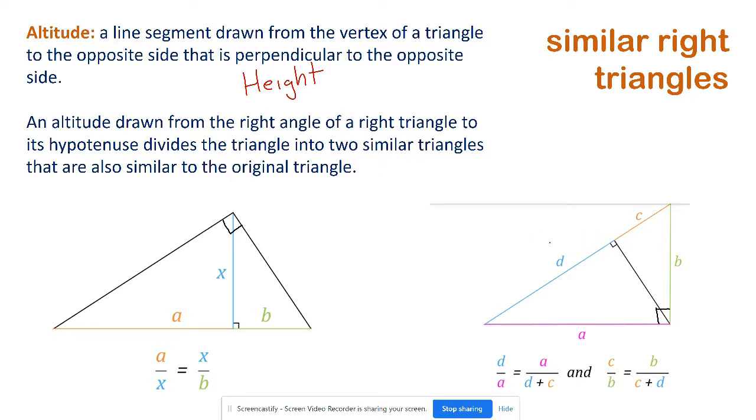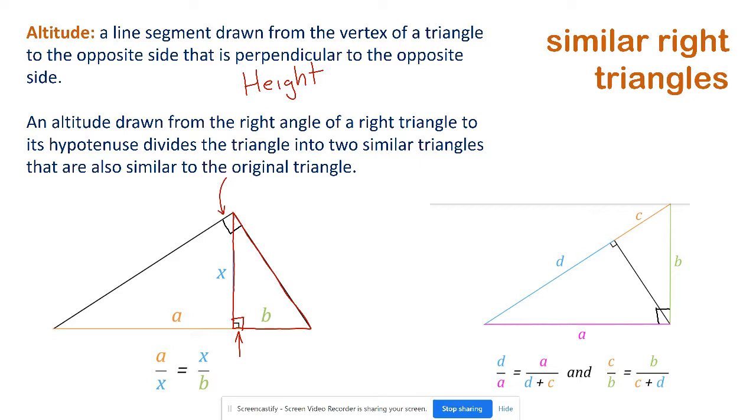So if you look at this triangle again on the left, this diagram here, you have this little triangle. And I want to take this little triangle and compare it to the big triangle that we started with, the whole thing. So this little triangle has a right angle right here. The big triangle that we started with has a right angle up here.